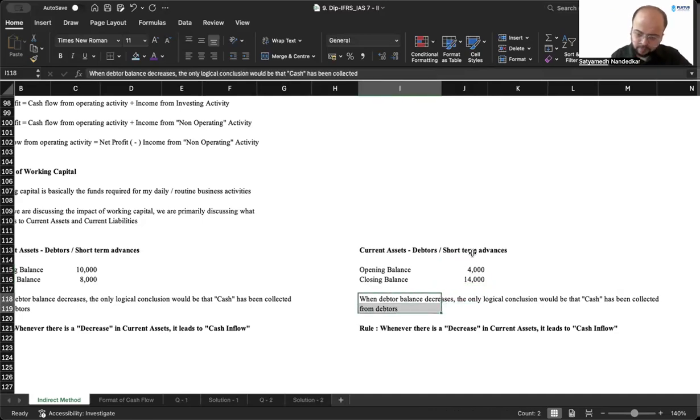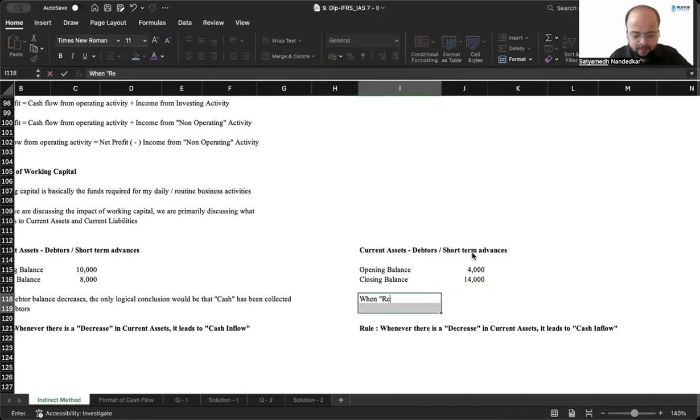So when receivable balance increases, the first logical conclusion would be that we have given additional money to the person.